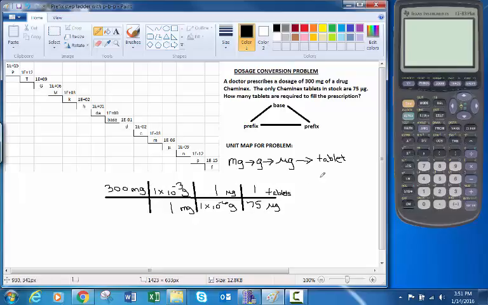Now let's put this information into our calculator. 300 times 1 times 10 to the negative third, close your parentheses, divide sign, new parentheses, 1, second EE, negative 6 times 75, close your parentheses, enter.